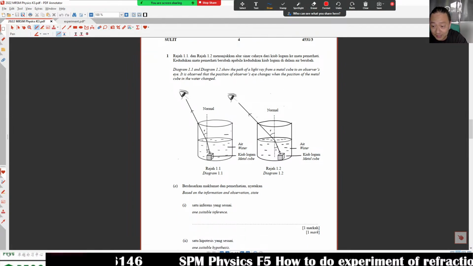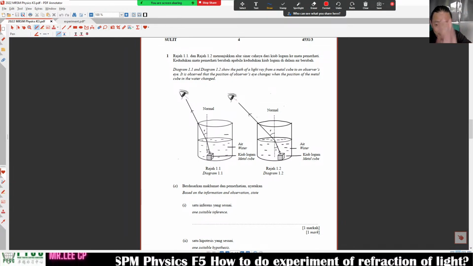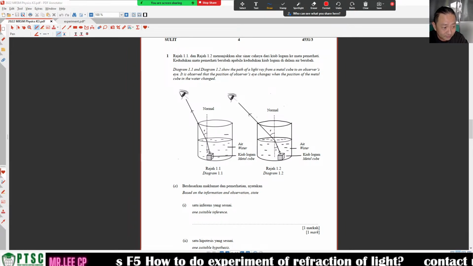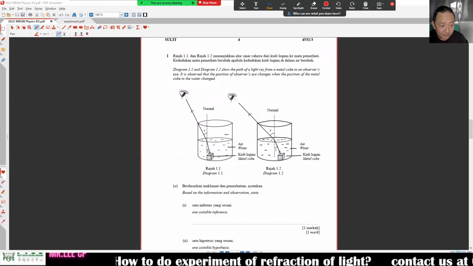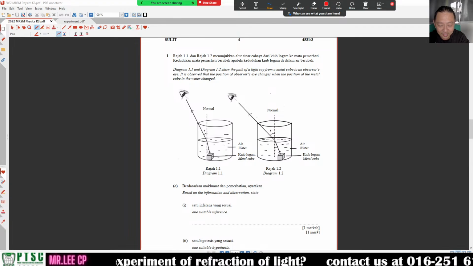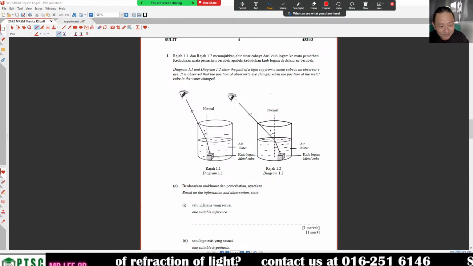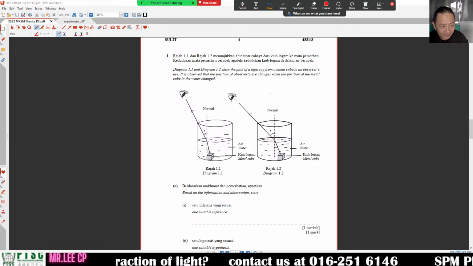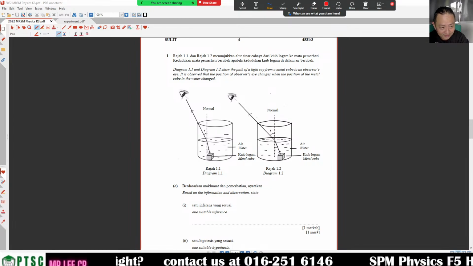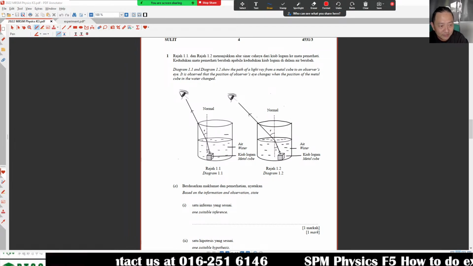See this diagram only. I never said all the questions must come this way. You tell me this one is denser to less dense, right? MRSM paper 3. So it is denser to less dense or less dense to denser. I want to ask you this very easy question.